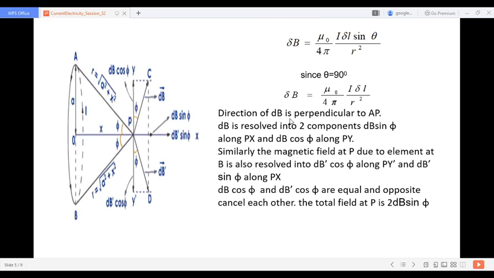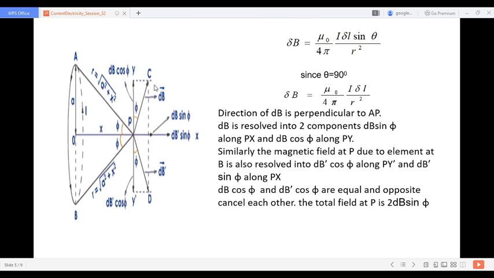The direction of the magnetic field produced here due to the current element dl is perpendicular to the line AP. It is represented in the figure by dB bar, which is along PC.